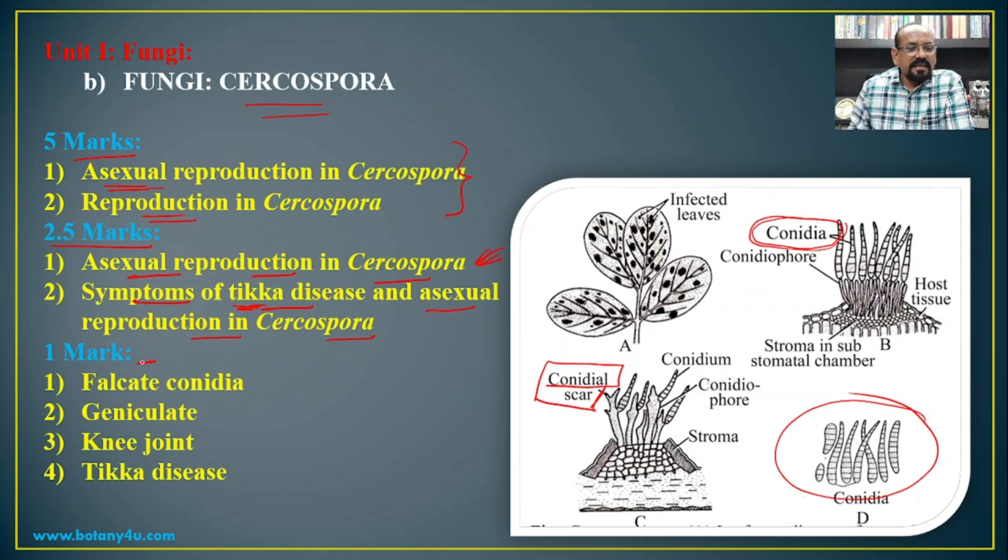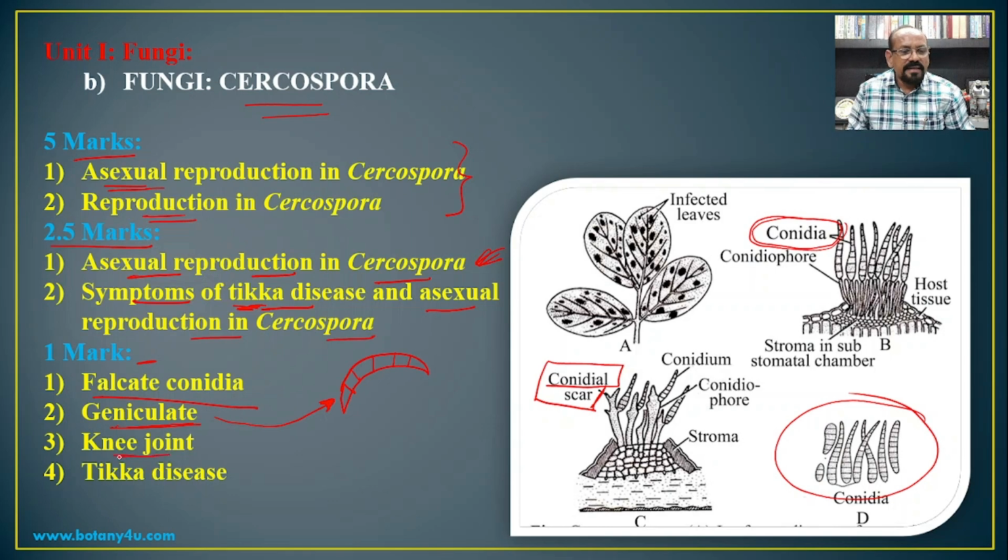Then in 1 mark there is a question, that is falcate conidia. Falcate means sickle-shaped structures, and they are multicellular, and such type of conidia are known as falcate conidia. Then geniculate. Again here geniculate is used for the same, that they are curved or sickle-shaped.